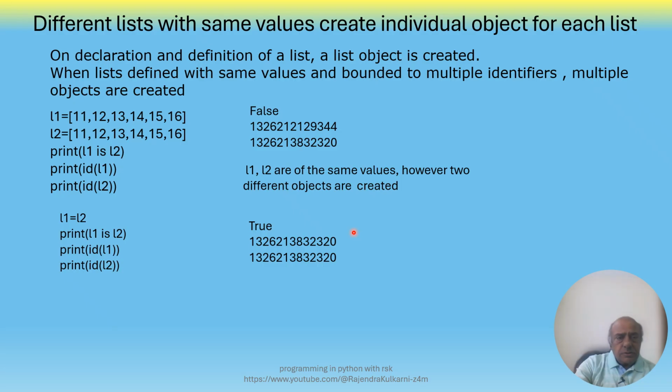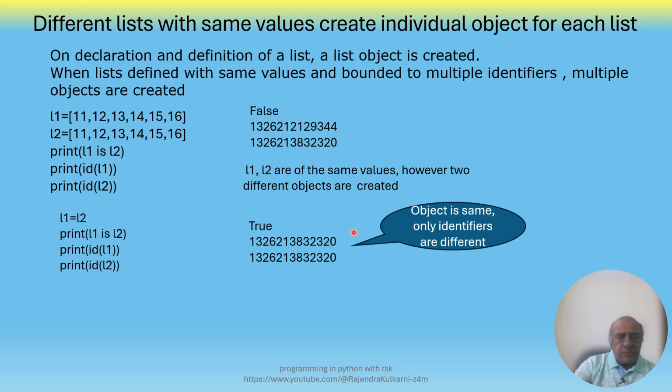So L1 creates one object, and when we assign L2 with L1, the same object remains, but L1 and L2 become two identifiers referring to the same object.